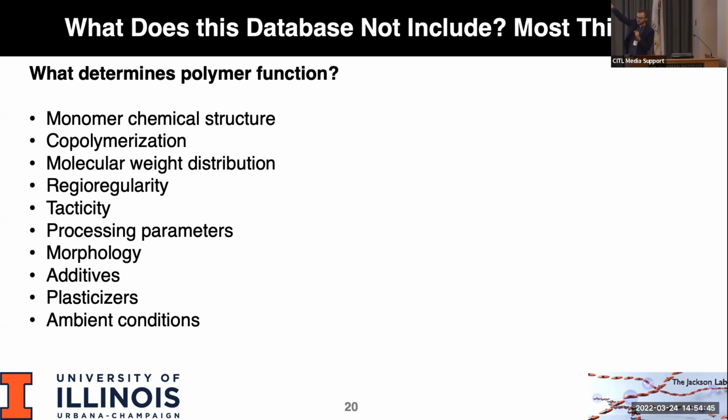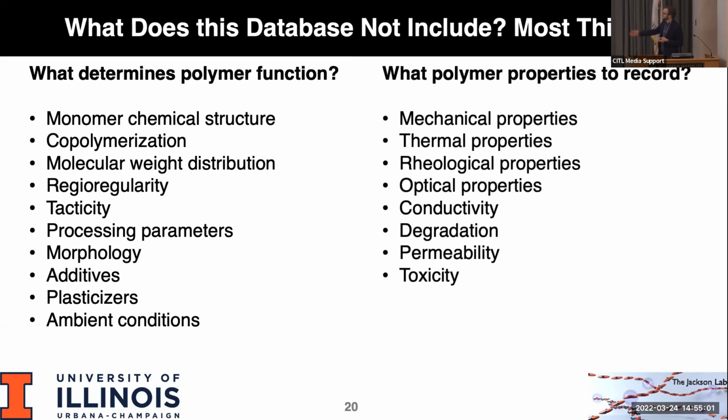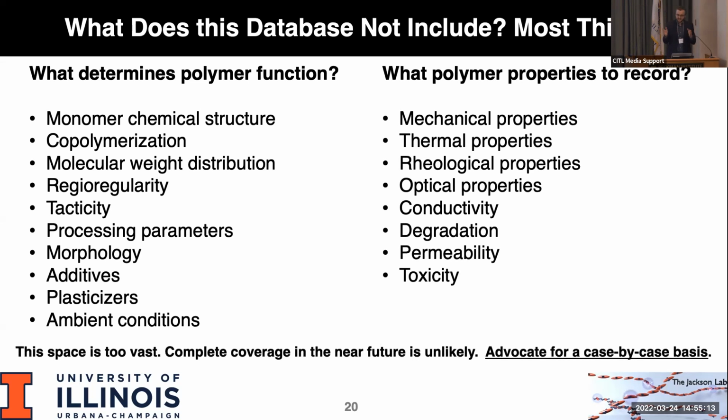You have a molecular weight distribution, regioregularity, tacticity, processing parameters, morphology, additives, plasticizers, whether the fan is on in the room, ambient conditions. All these things influence the processing of your material. And then similarly, what properties do you want to record to optimize? In a perfect world, you would have a polymer database, a macromolecular genome, that covers all of these areas. But I will just say, that is not a practical vision for the future.